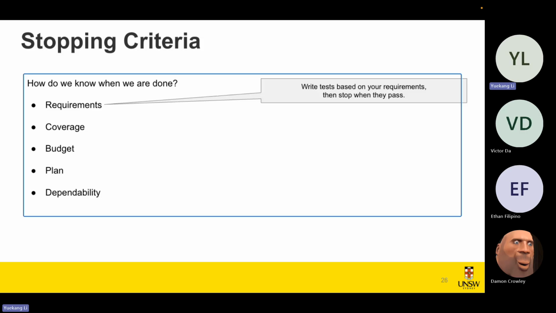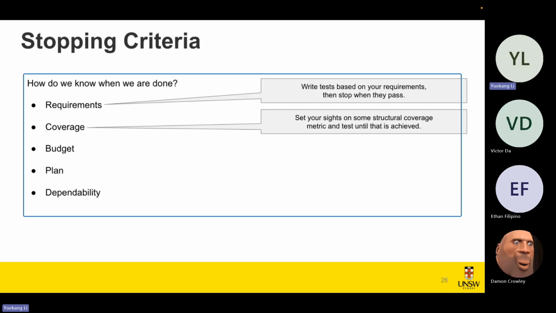And if we consider the actual code, the implementation of the requirements, we can try to achieve some structural coverage level, as we learned last week. We can stop testing when we reach a certain level of structural testing. For example, if we have covered 90% of the statements, we can stop.